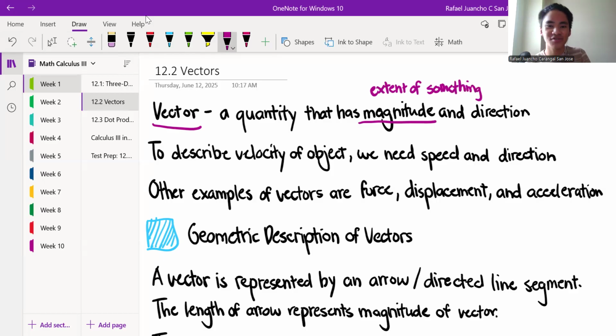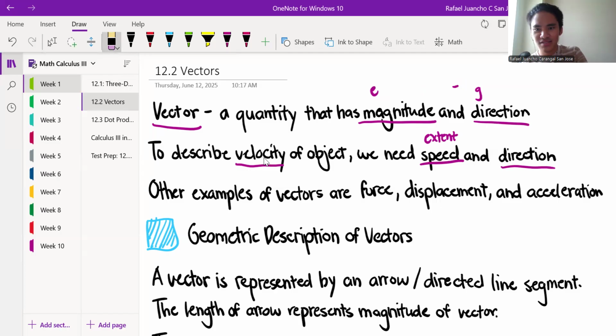And this is something abstract, but here it's more practical. The velocity, speed, that's the extent, how fast. So this is the extent, and direction is the same for both. So basically, an example of a vector is velocity.